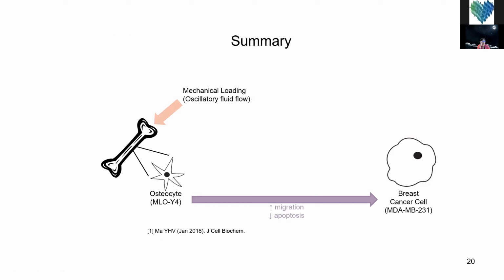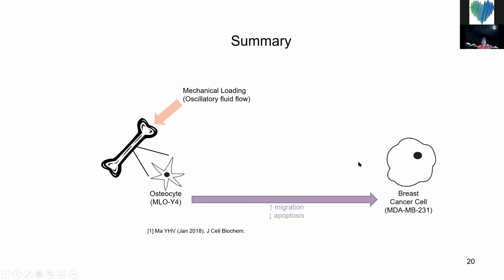So we did a whole bunch of conventional conditioned medium studies. Given the limited time I have today, I won't go into the details. I'll just give you a summary of what we learned from those studies. We show that mechanical loading will affect osteocytes, which in the end will directly affect the cancer cell.